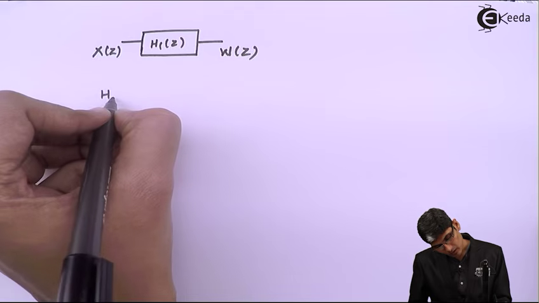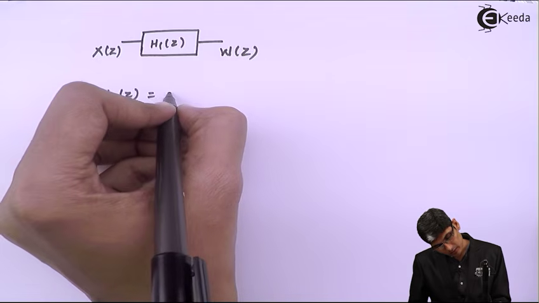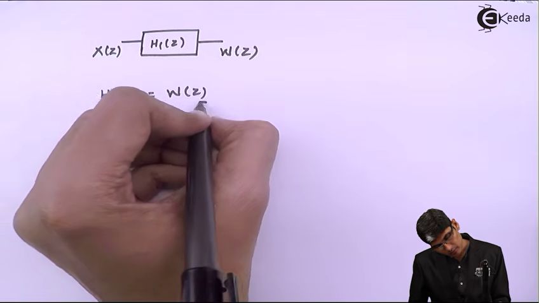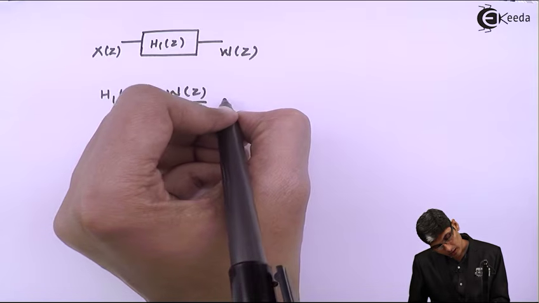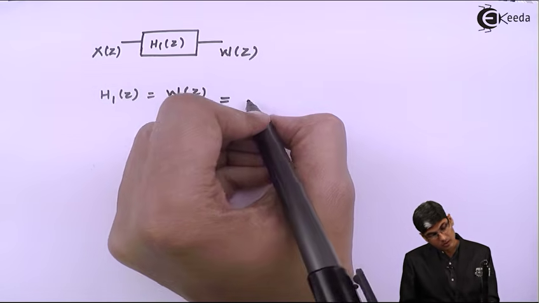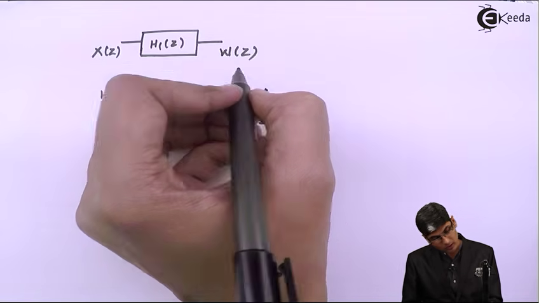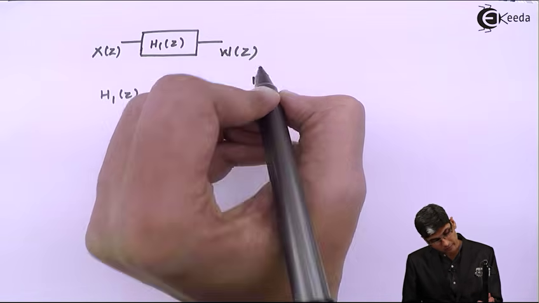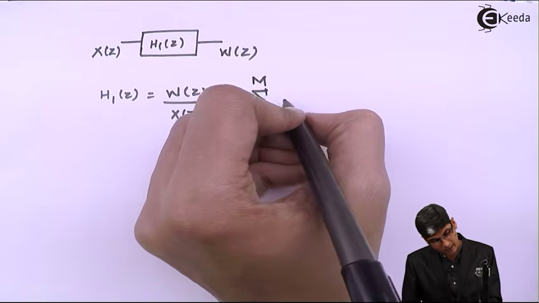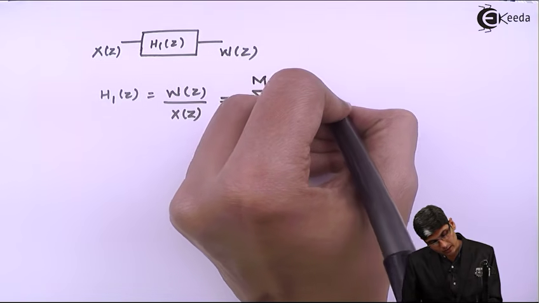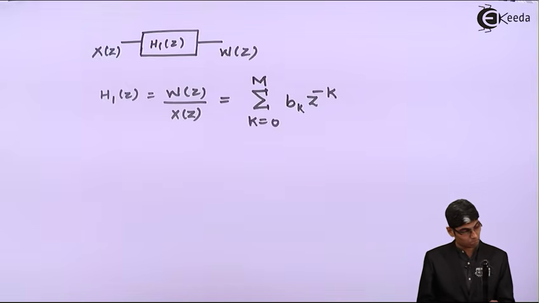Now h1 of z, which is nothing but w of z by x of z, is equal to summation k going from 0 to m of bk z raised to minus k.